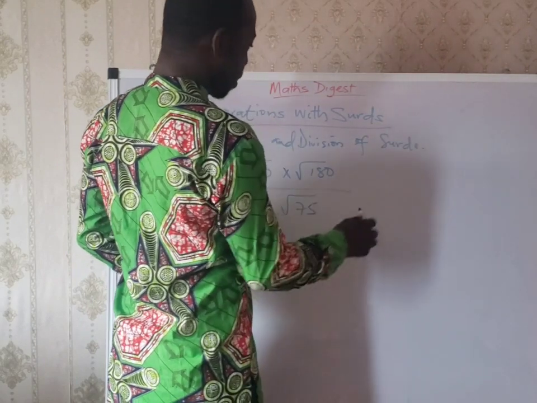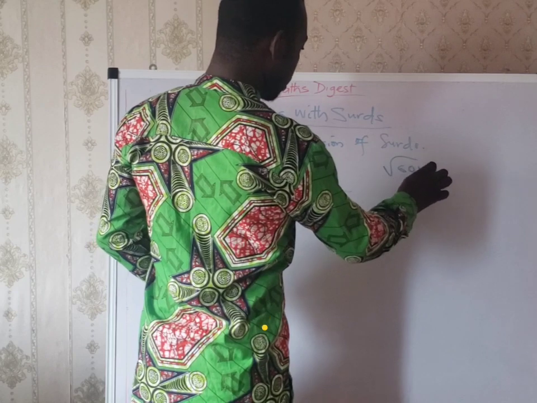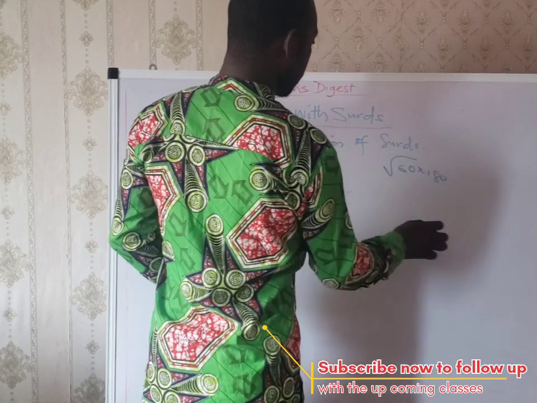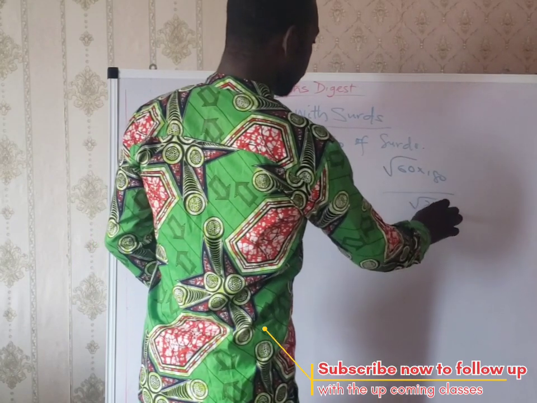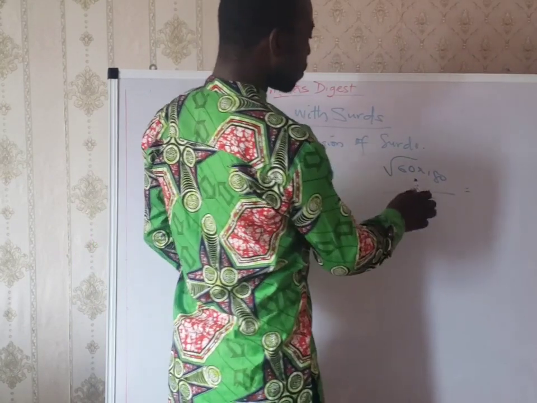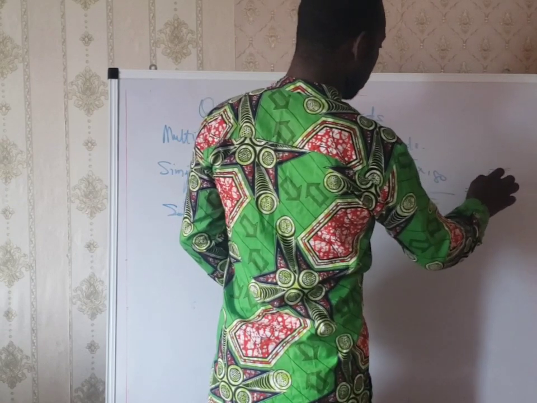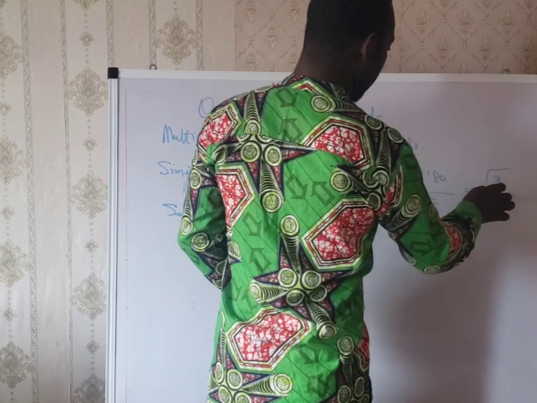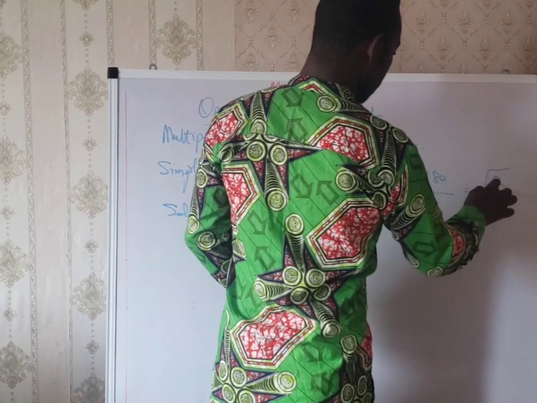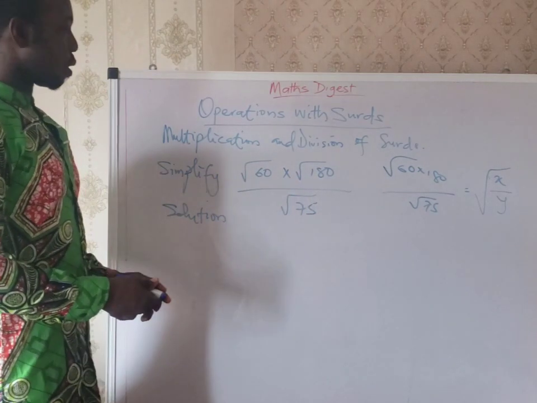As these are, they can equally be stated thus: root of 60 times 180, over root 75, and you can still combine it together, as your division rule will suggest.